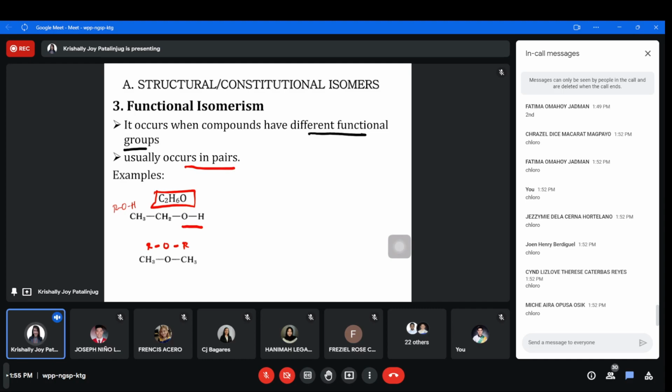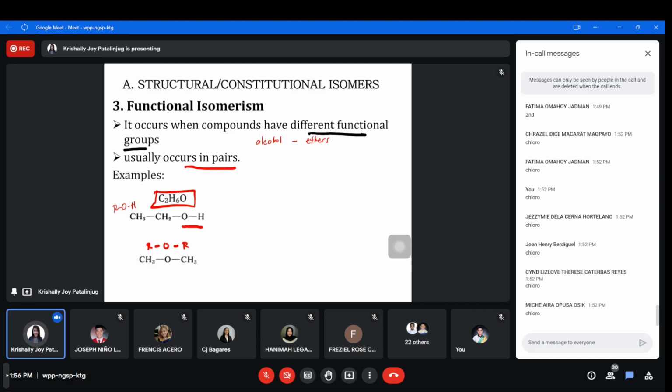So ito yung tandaan nyo kapag functional isomerism. If you encounter a pair of molecules, like for instance, an alcohol and an ether, most probably those are functional isomers. Kumbaga, ang alcohol will always have an equivalent functional isomer in a form of ether.